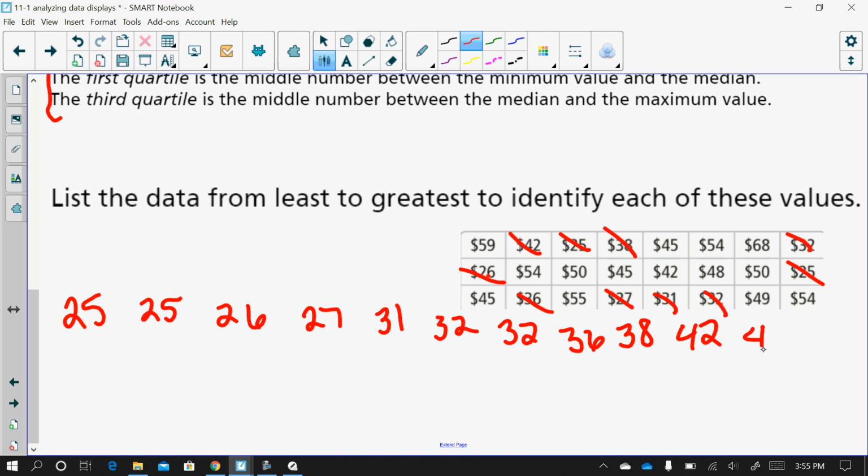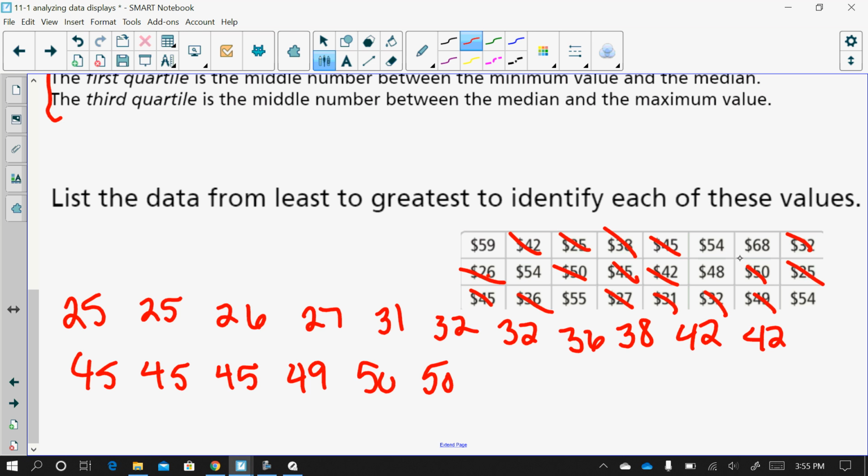I saw another 42. Okay, 45. Another 45. Another 45. 49. Okay, 50.